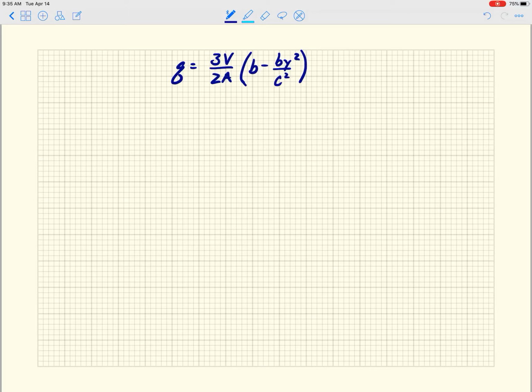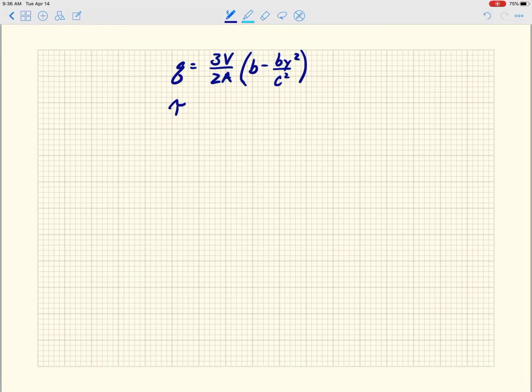So that's my Q. Now, if you notice, all we've got to do to translate Q into shear stress is divide by the width. So if you think about it, shear flow is the force per longitudinal length. So if I want it per longitudinal area, I've already taken the length dimension into account. Now I've got to take the width dimension into account.